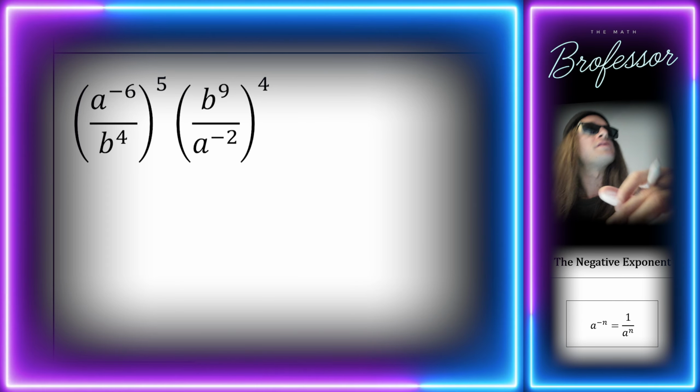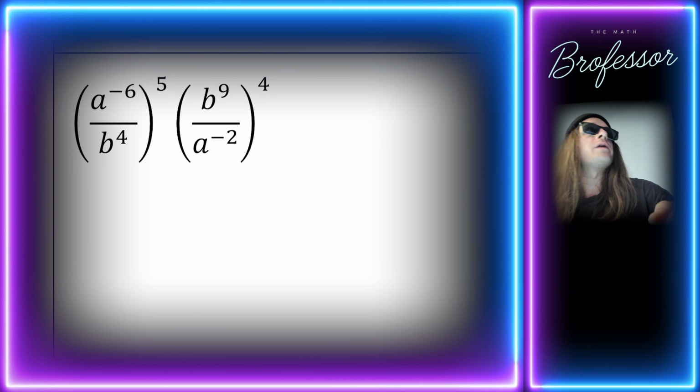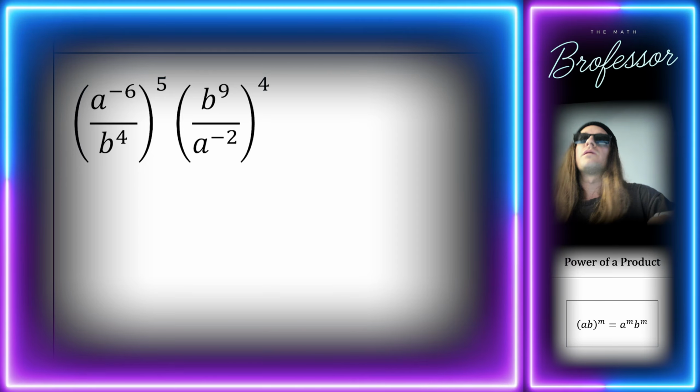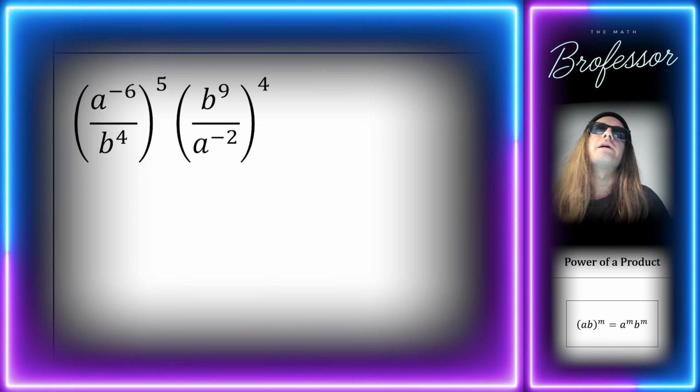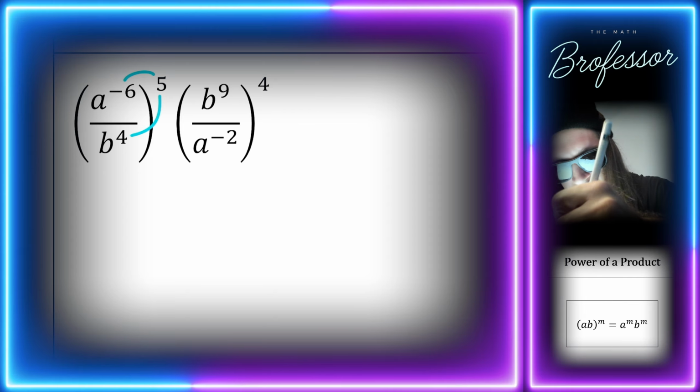All right, different setup here. Really, your only option right here is to use power of a product. Really, it's quotient of a product. No. It's power of a quotient. I know you don't really care about the names, but your first move here would be to multiply all these exponents.